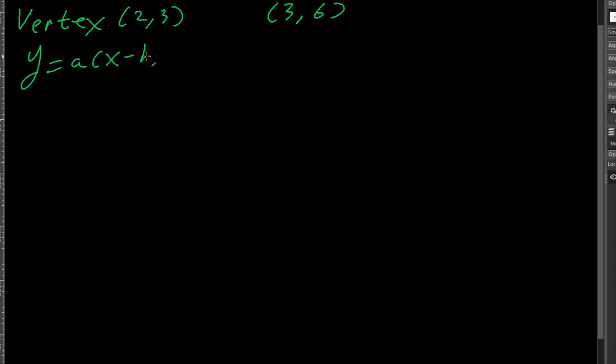So if I was given something like the vertex is occurring at (2, 3), and the point in which it crosses is (3, 6). Now they're just giving me a random point here. This isn't an intercept, it's just a point. I should be able to find this parabola pretty easily because I know the vertex and I know the vertex formula.